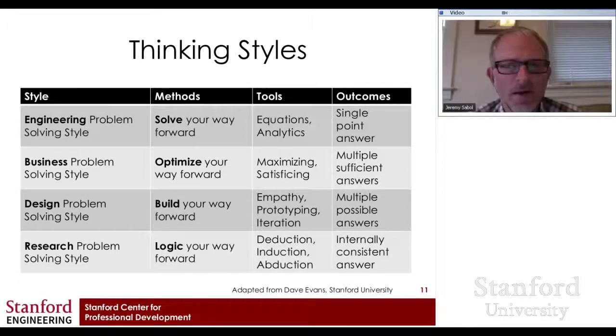And I think one of the things that Mark and I both think about a lot when we work with students is that, as we look at this nice chart here, students tend to not see the diversity of possible outcomes. So, for example, engineering students tend to think, well, I know how to solve problems in this way, therefore all the outcomes I'm going to want are going to be single-point answers.